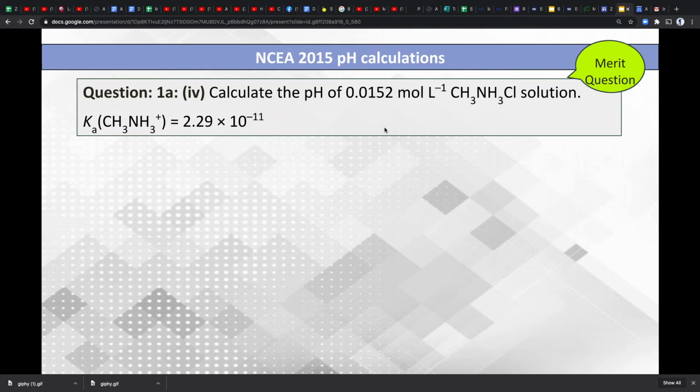And let's put states of matter on things, right? So everything's usually aqueous unless we're looking at water. Cool. Now I've got this equation, I can write a Ka expression for it. So products over reactants, square brackets for concentration. You don't need states of matter in this expression, you can just write the species.